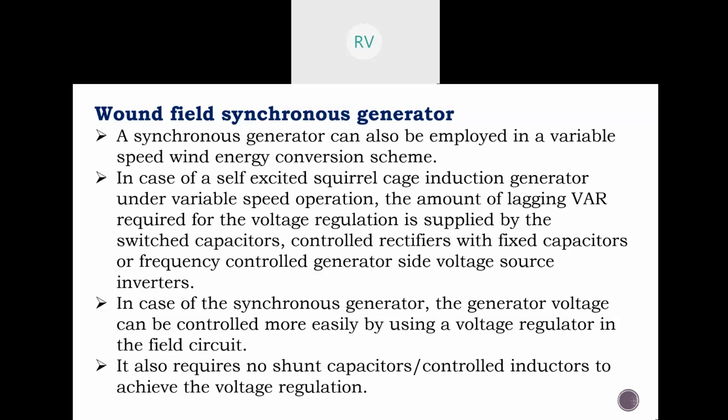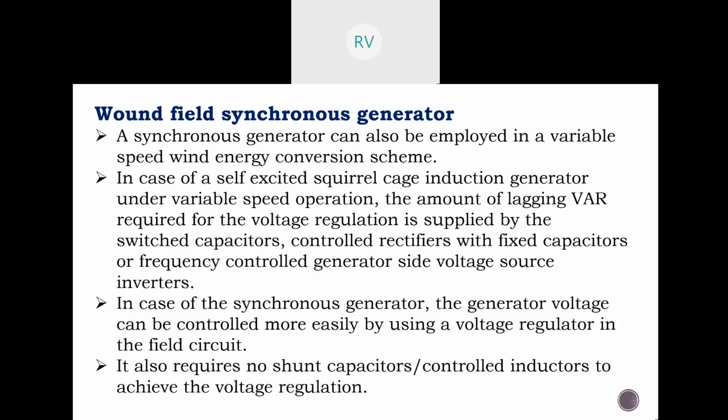In case of a self-excited squirrel cage induction generator under variable speed operation, the amount of lagging VAR required for the voltage regulation is supplied by the switched capacitors or controlled rectifiers with fixed capacitors or frequency controlled generator side voltage source inverters.